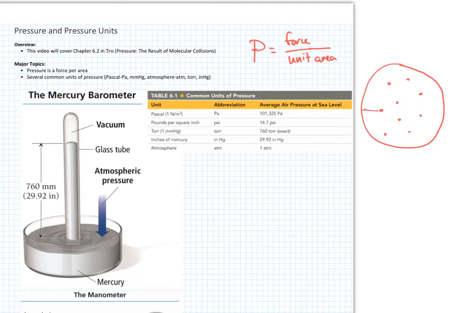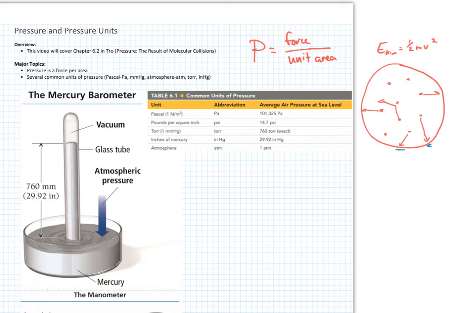They hit each other and they also hit the walls of the container that they're held in. These molecules are in motion, and any object in motion has kinetic energy, which is equal to 1/2 mv squared. So that kinetic energy gets imparted to the surface.